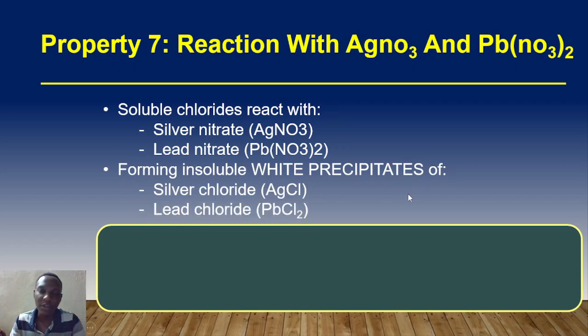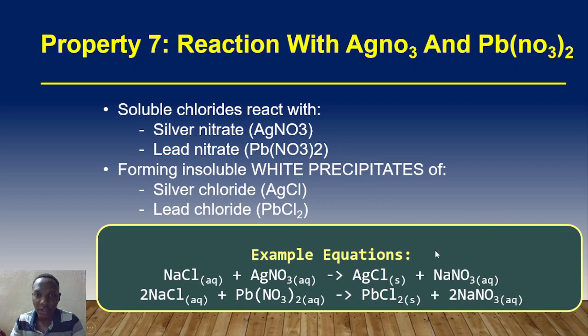As you can see from the equations, sodium chloride plus silver nitrate leads to silver chloride plus sodium nitrate.